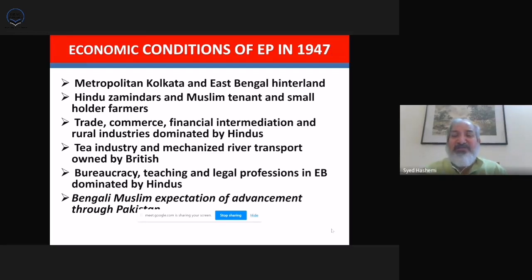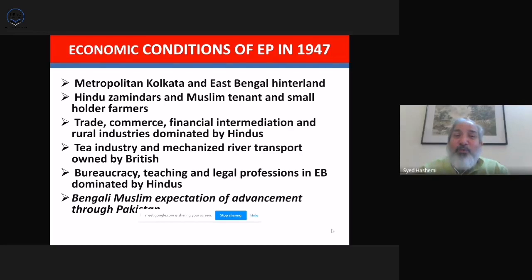Trade, commerce, financial intermediation, and even rural industries were primarily dominated by Hindus. The tea industry in East Pakistan and the mechanized river transport were generally owned by the British. We also already said bureaucracy, teaching, and legal professions in East Pakistan or East Bengal were dominated by the Hindus.